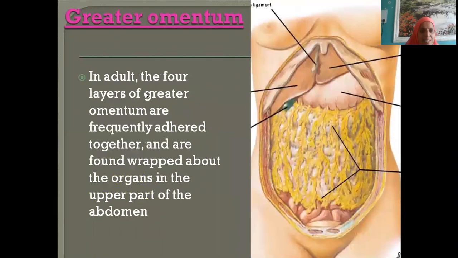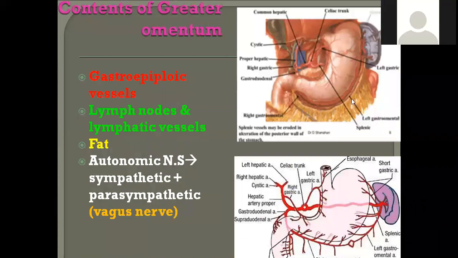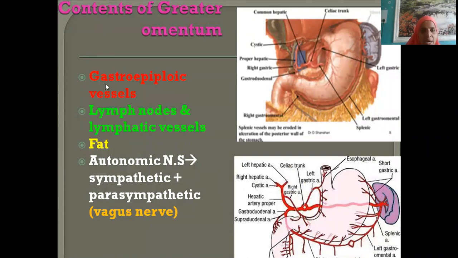In adults, the four layers of greater omentum, when you do the dissection in the cadaver, look like one layer only. They become adherent, stick to each other, and are found wrapped about the organs in the upper part of the abdomen. Contents of greater omentum: we will find the blood vessels running like this. These are called gastroepiploic arteries.